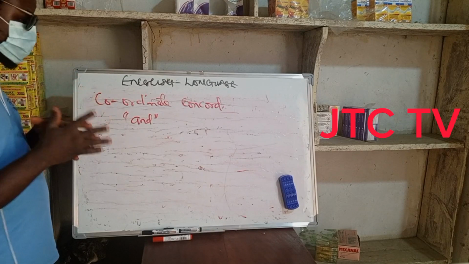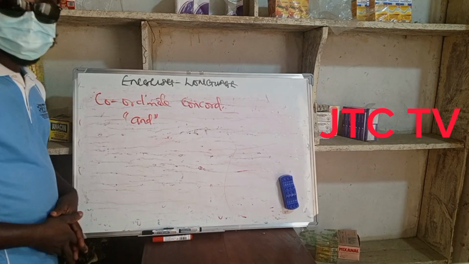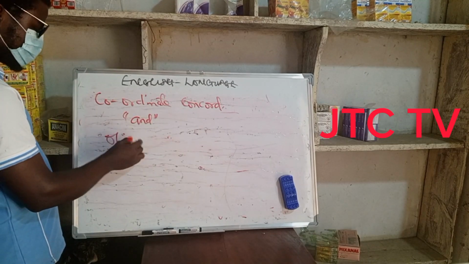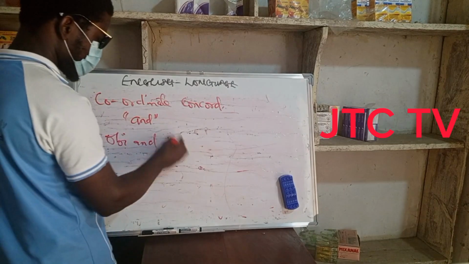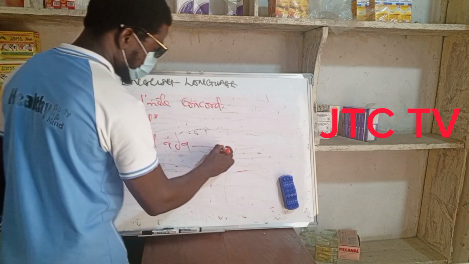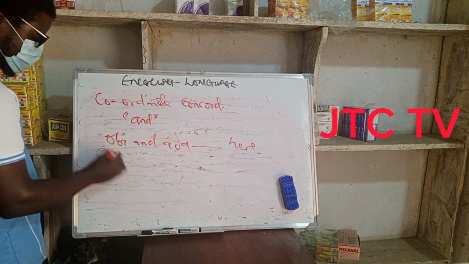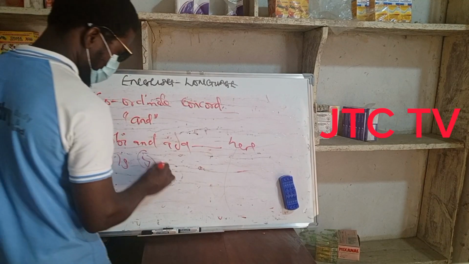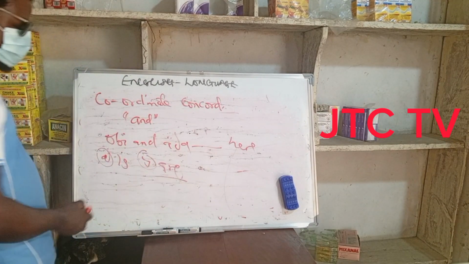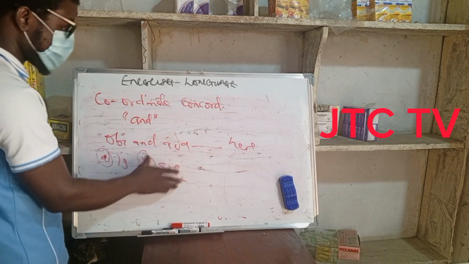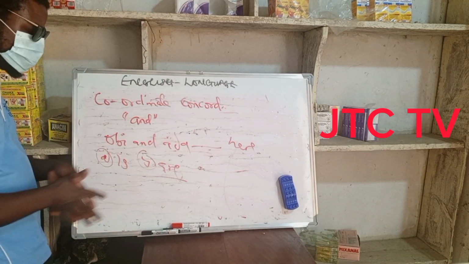You have two subjects joined together with and, the verb becomes plural. For example, Obi and Ada dash here. You have option A, is, option B, are. The right one is are, because it is plural. So Obi and Ada are here. That's the right way of saying this sentence.